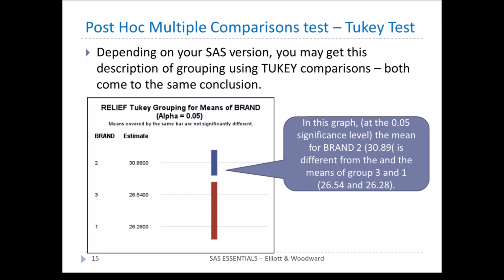So brand 2 is a blue bar, it stands alone. What that means is that group 2, the 30.88, is statistically significantly higher than the other means. And then brands 3 and 1, 26.5 and 26.2, with the solid red bar grouping them together, indicates that they are not different, again at the 0.05 level.